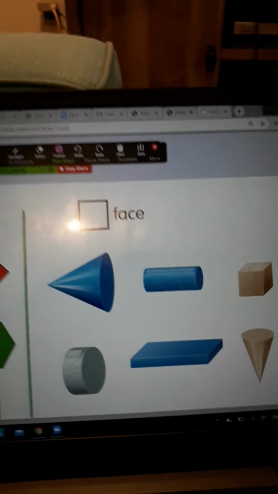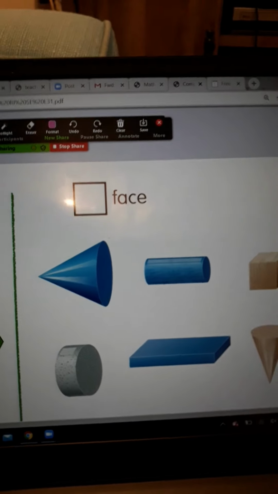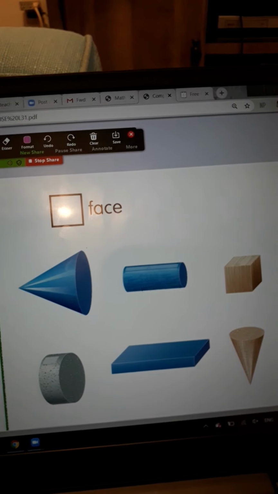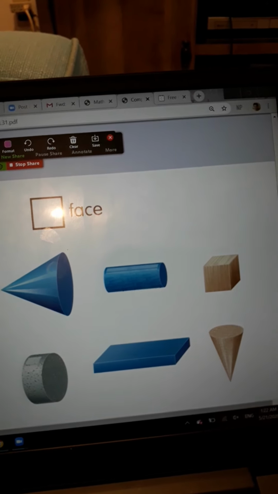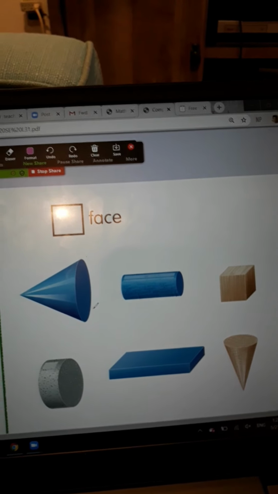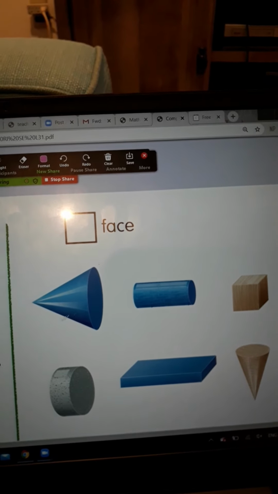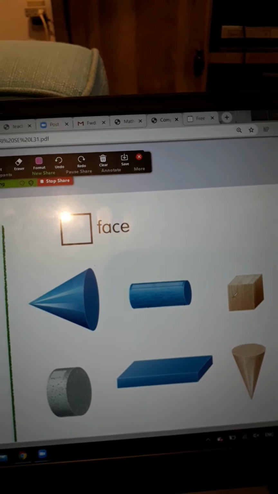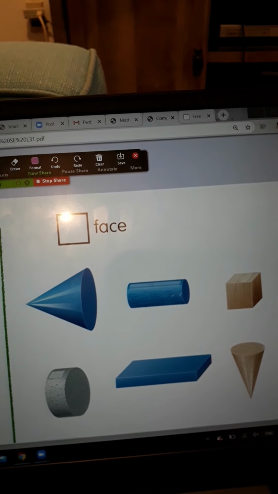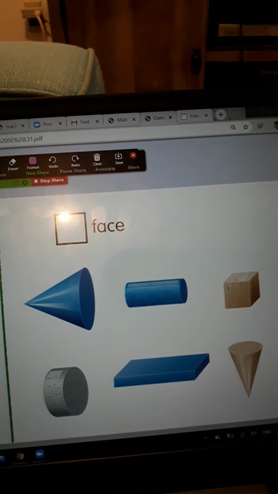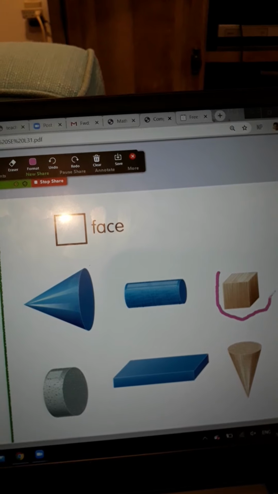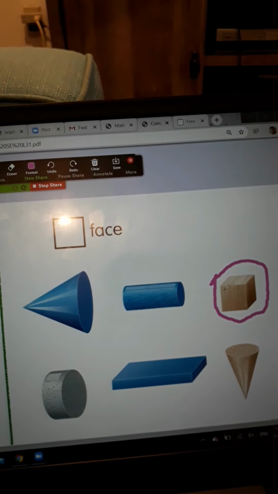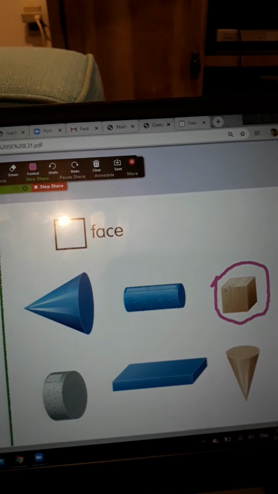And for this one, it wants you to identify the faces, the ones that I was telling you about earlier. Let's look at this. Which one of these has faces? We just went over it on the page before. Which one would it be? Awesome, the cube. Our cube has faces. Remember how many faces we said?